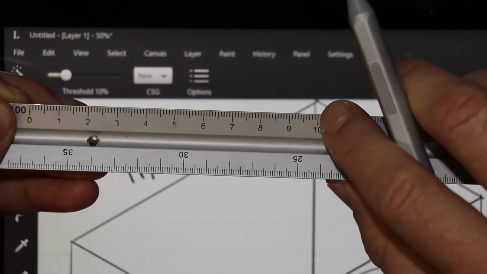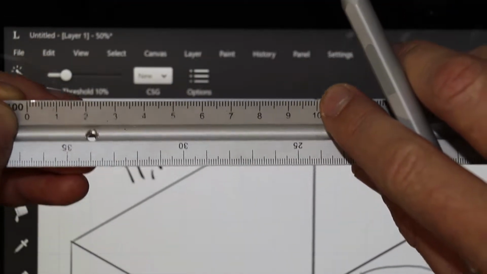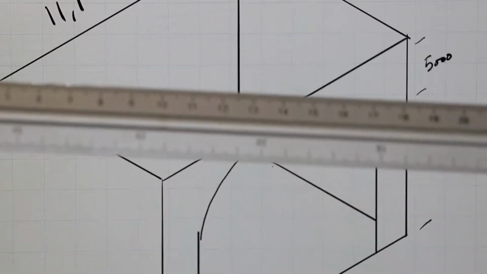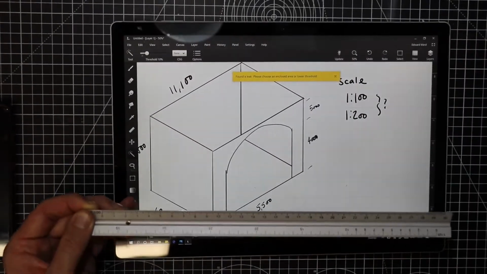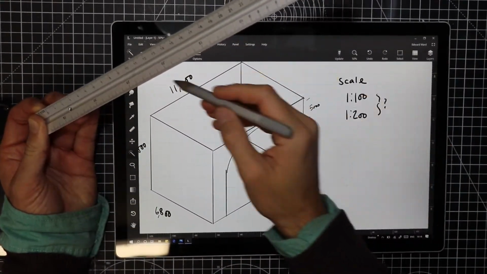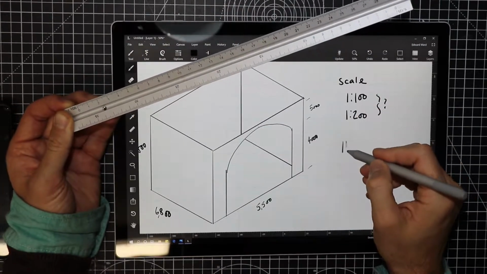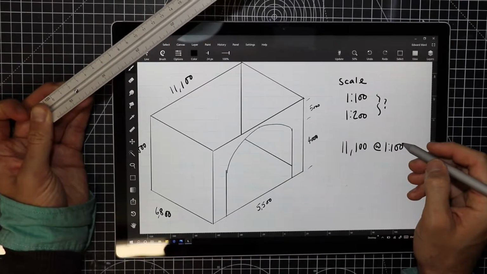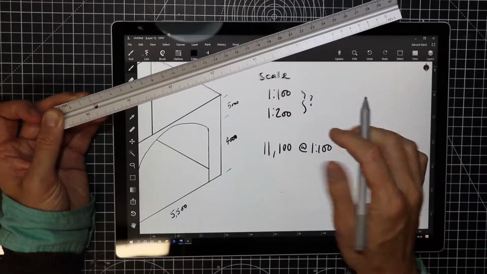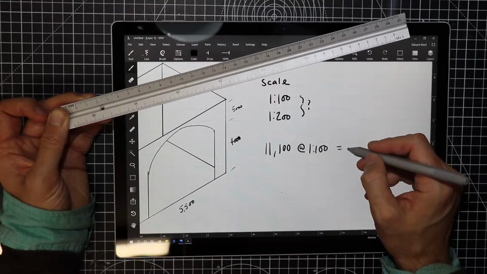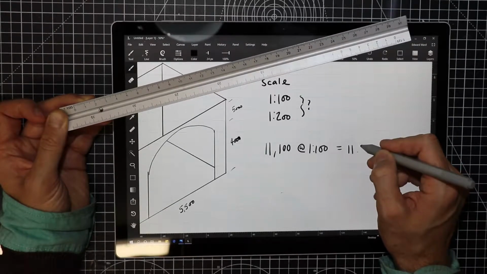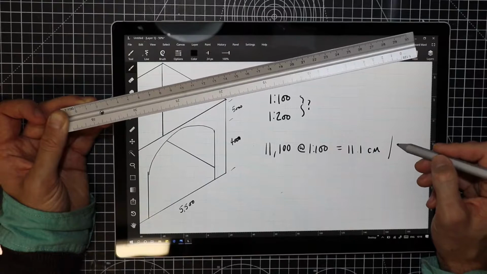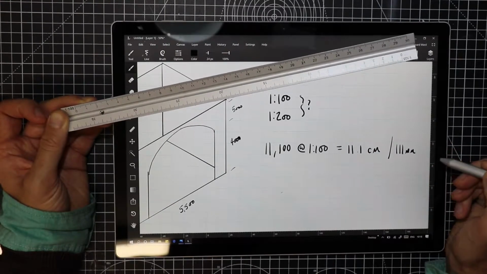So if I was to do 1 to 200, fortunately that's quite a straightforward translation. So 1 to 100, our object, let me zoom out again, our object at 1 to 100 would equal 11 centimetres, 0.1, or 111 millimetres.